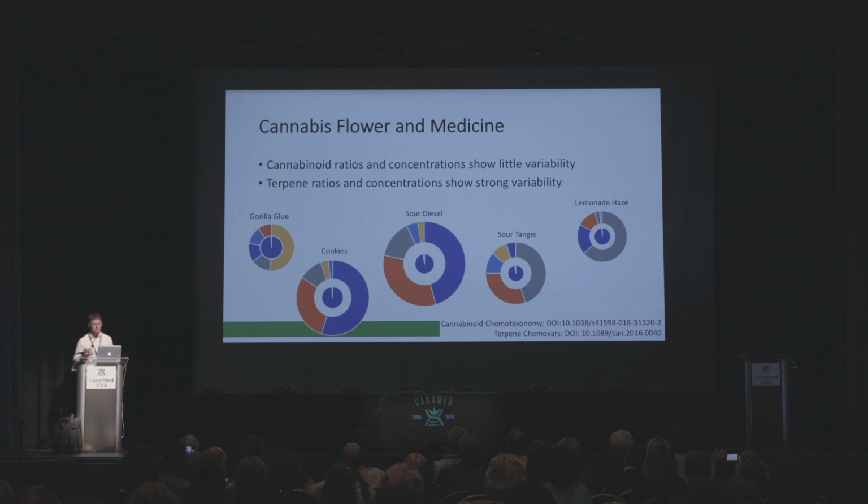I will also not concentrate on cultivation or formulation because they are not my fields of expertise, and we talked about that enough over the last few days. So we do see different strains, different cultivars offer different chemical profiles.